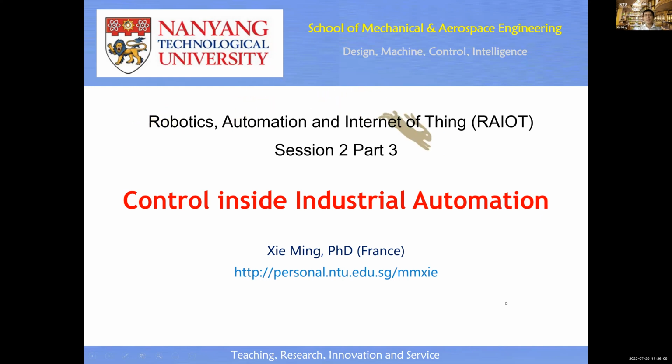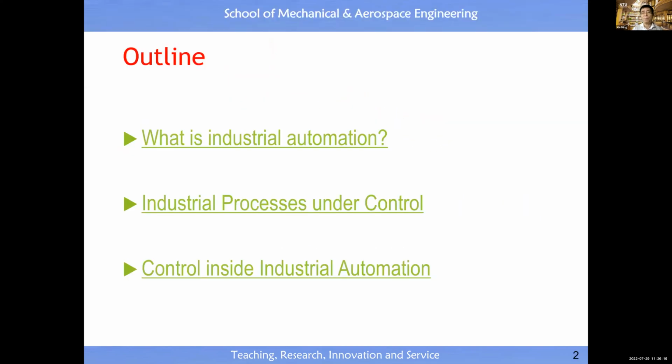Okay, so we continue with the study of lecture 3 in session 2. You remember session 2 is about the study of automation, and we use industrial automation as a background to support the learning.